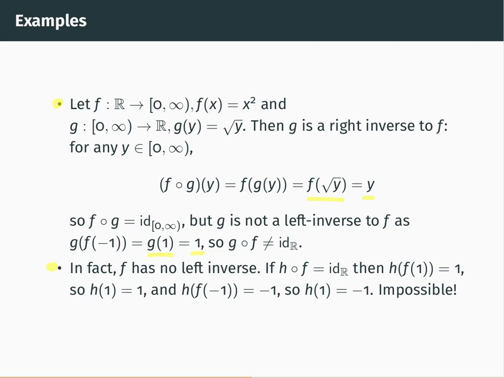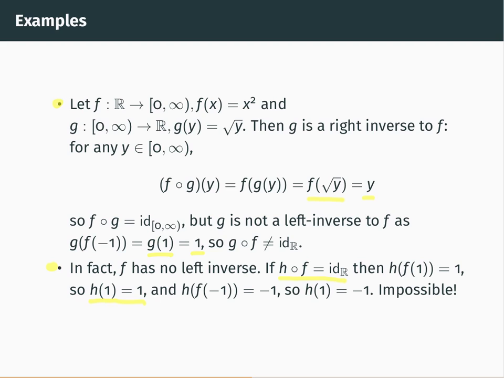If you suppose for a contradiction that a function h satisfied h composed with f was the identity on the real numbers, then because of that, h of f of 1 would have to equal 1 again. But since 1 squared equals 1, that requires that h of 1 is equal to 1.